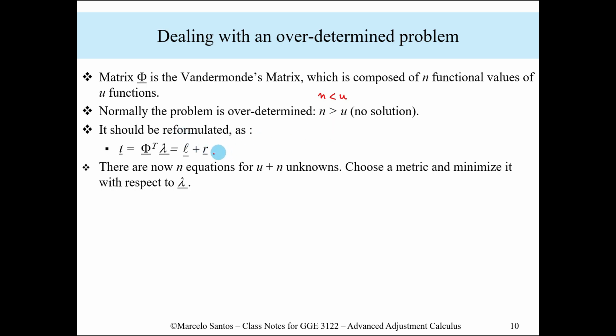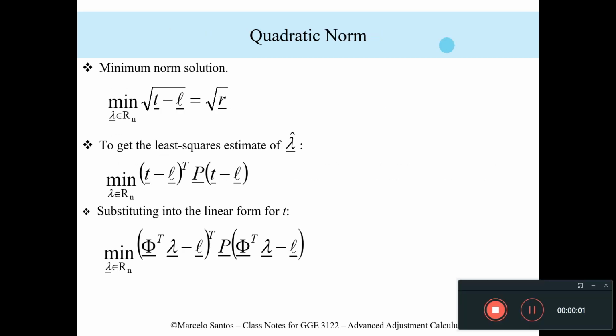We add the residuals. Now we have u plus n unknowns. Choose a metric to minimize with respect to lambda. The metric is the norm, or the length, of the residual vector.